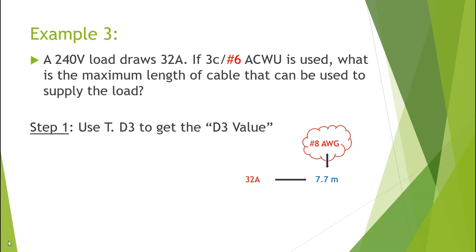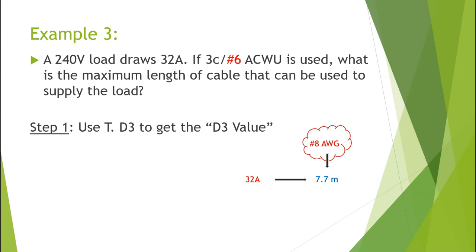Let's take a look at an example where we're still doing a 240 volt load. Here the load draws 32 amps worth of current. And the question is now, what is the maximum distance or maximum length of cable that can be used to supply the load if we're using 3 conductor number 6 ACWU?